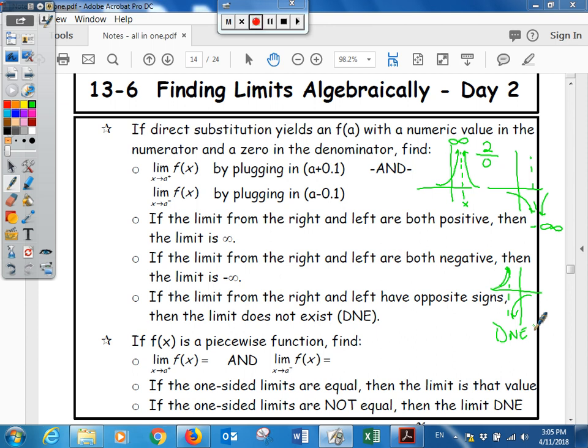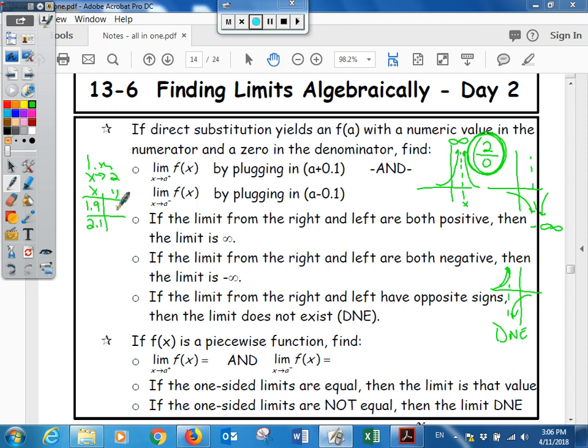So when you plug in to evaluate a limit and you get some numeric value divided by 0, you have to test the left-hand limit and the right-hand limit. You want to test a number that's very close to that value. So if your limit is as x approaches 2, you would choose a number just to the left of 2, like 1.9, and just to the right of 2, like 2.1.